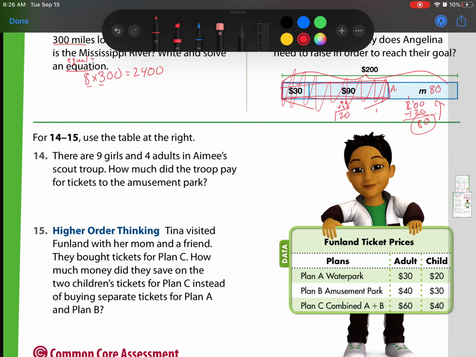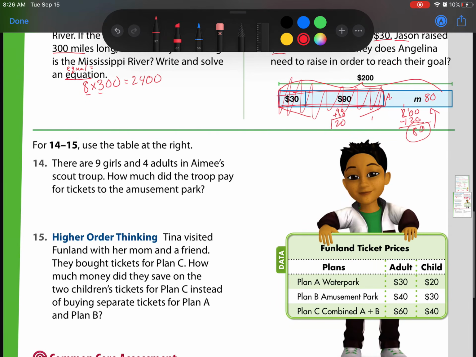Okay, this one we're going to zoom out because we have to see this table at the right over here. There are 9 girls and 4 adults in Amy's Scout Troop. How much did the troop pay for tickets to the amusement park? Well, let's look. We have 9 girls, 4 adults. So we have 9 groups, and how much does a child pay?